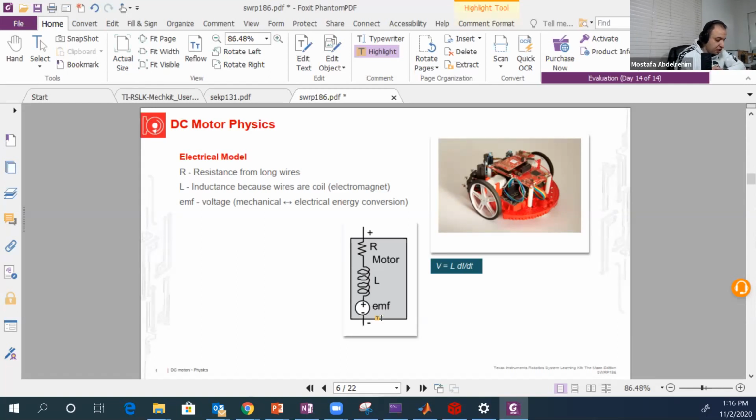It's a voltage induced in opposition to the original voltage applied to the coil, reverse to the original current. This is important, and we will see now why.